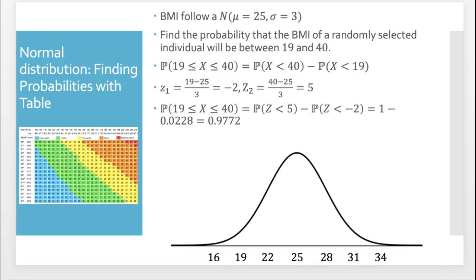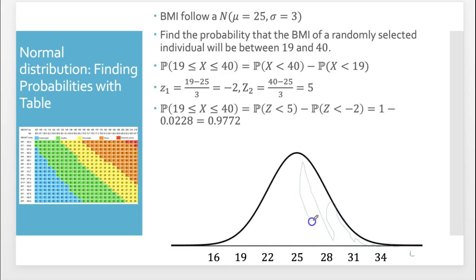And just to give you a visual as far as how that works, 40 is pretty much out here, so less than 40 is going to be more or less all of this.